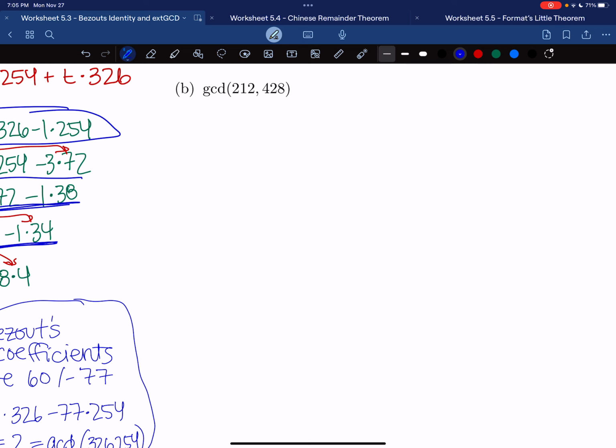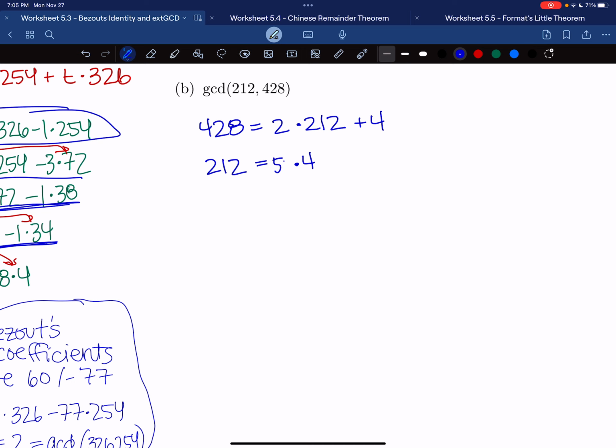But first we find the GCD by using our tried and true method that 428 is equal to some multiple of 212. And in fact, we can fit two of them in there. That becomes 424. And we have 4 left over. And then we'll go ahead and make use of 212. We'll say 212 can be written as some product of 4.